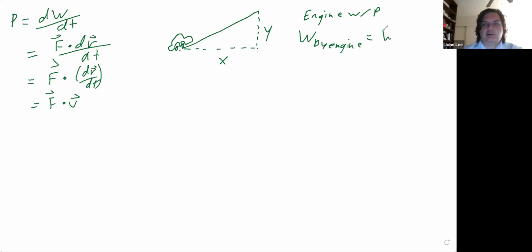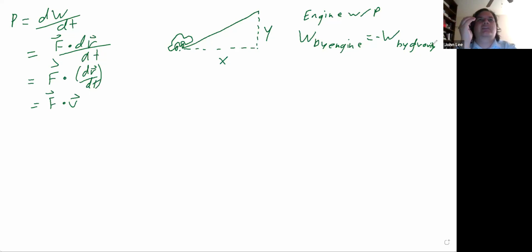So in this case, work done by the engine is equal to negative work done by gravity, because the engine is going to, I'm not entirely sure about that negative, but the engine is going to be doing work to cancel out all of the work that's done by gravity.